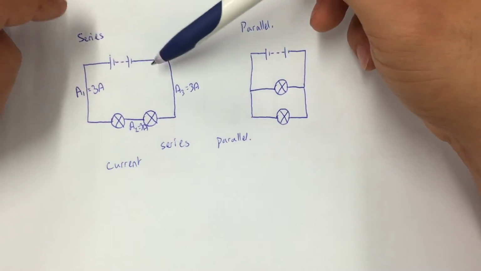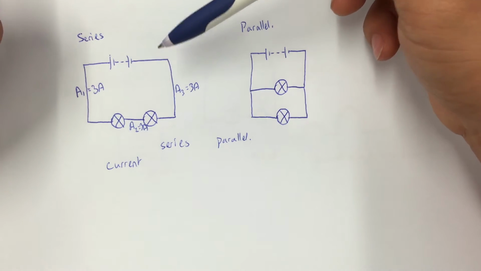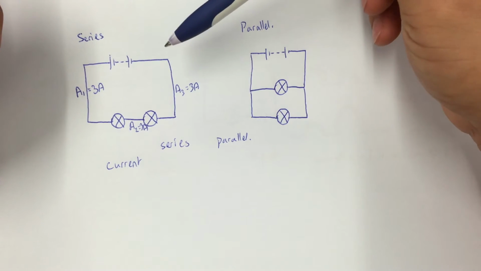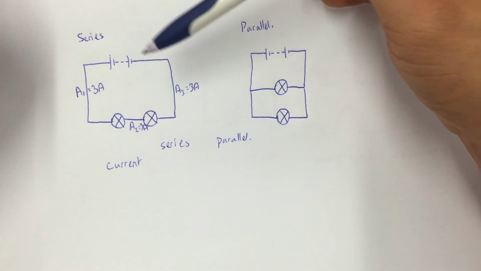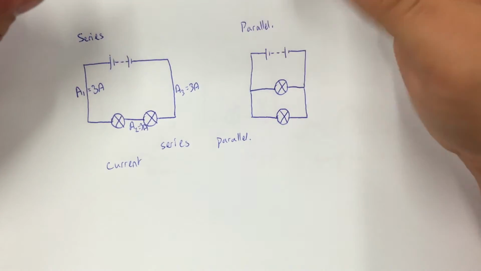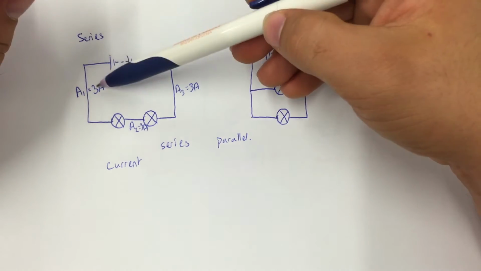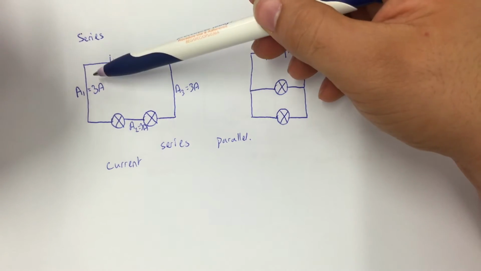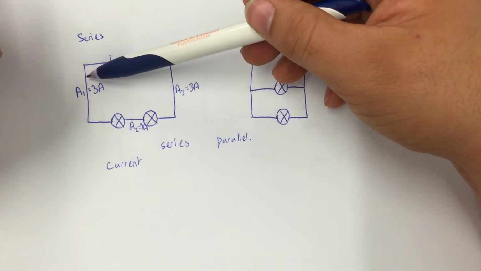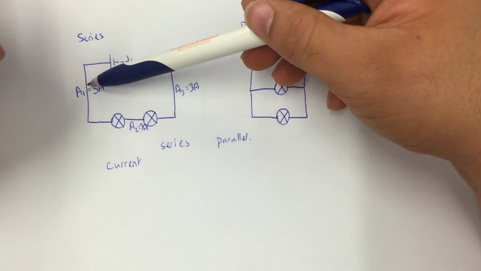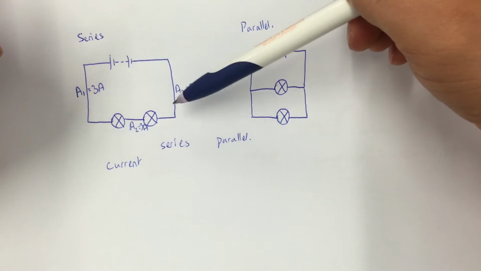The way to think about this is, because current is the rate of flow of charge, it's how much charge is flowing every single second. So if we go back to our car analogy, if we think of these being 3 cars on a single straight road, if I have 3 cars at one point, I will still have 3 cars a couple of seconds later.